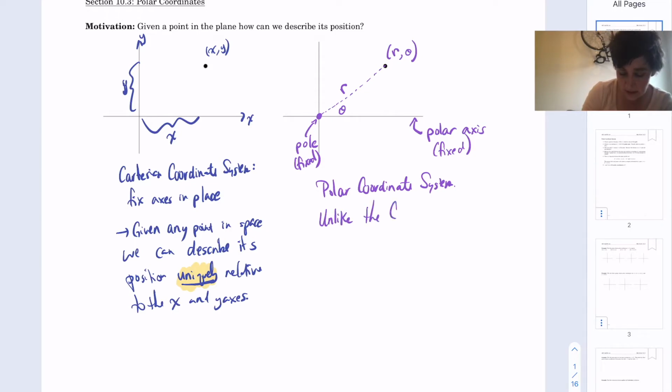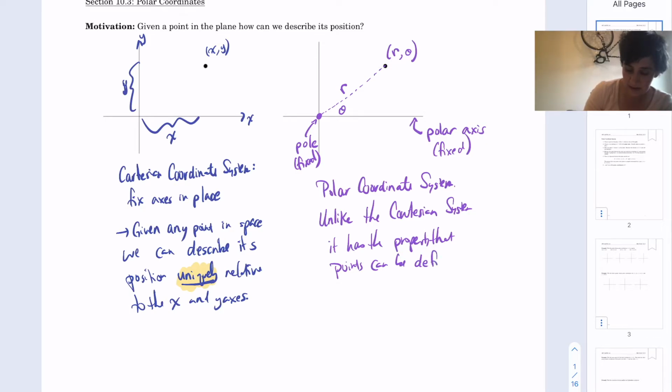Unlike the Cartesian system, points can be defined by different polar representations, or coordinates.